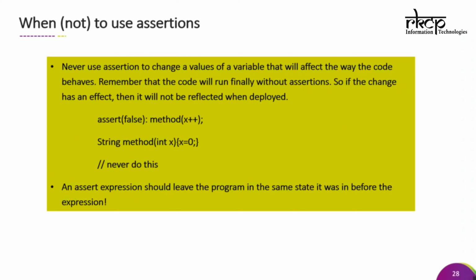Assertion is only a tester. You can test whether you are getting things in a proper way or not, but it does not display anything in the production environment. An assert expression should leave the program in the same state it was in before the expression.